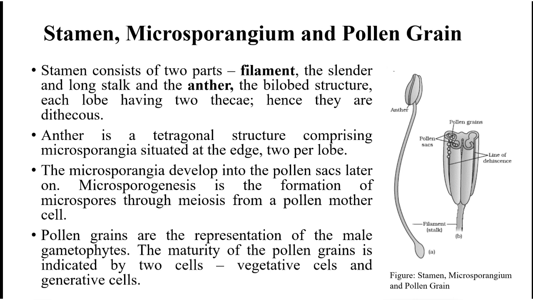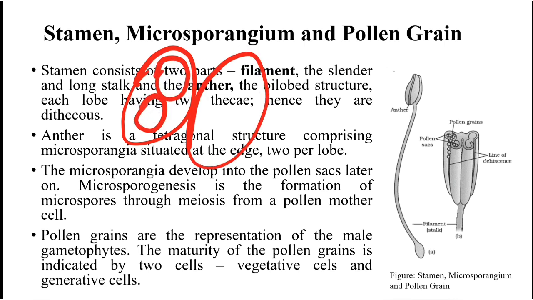Later on, microsporogenesis is the formation of microspores through meiosis from the pollen mother cell. So inside that spore sac, pollen grains or microspores are formed from the pollen mother cell or microspore mother cell.